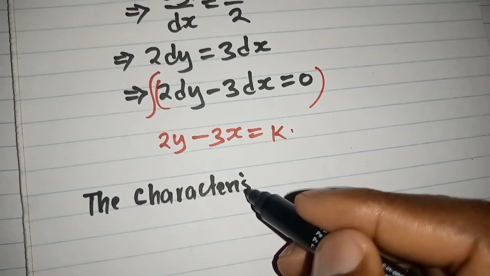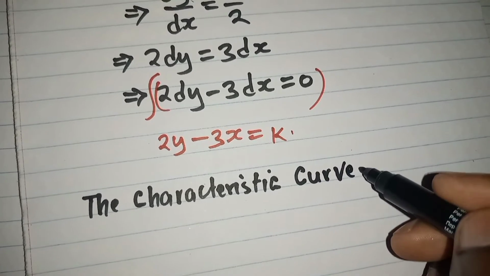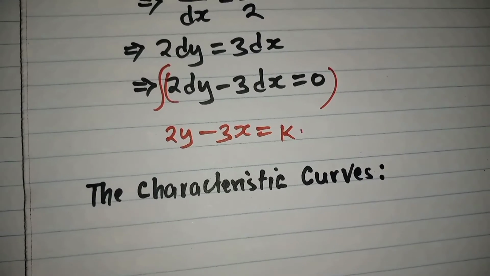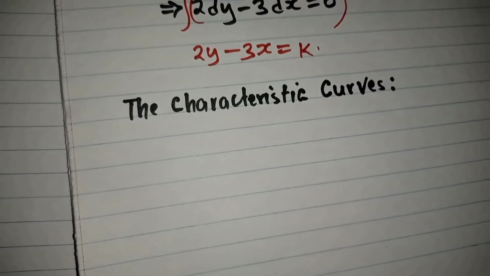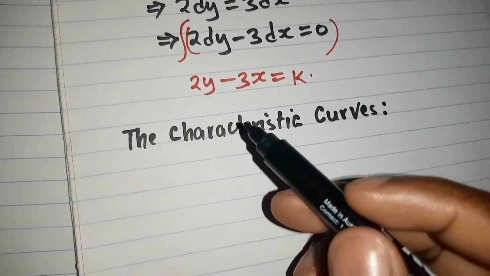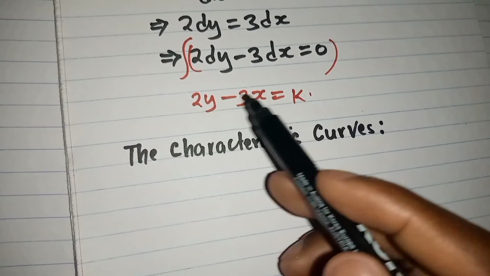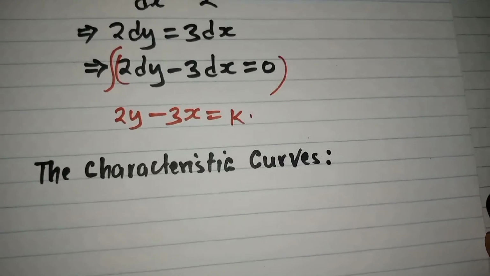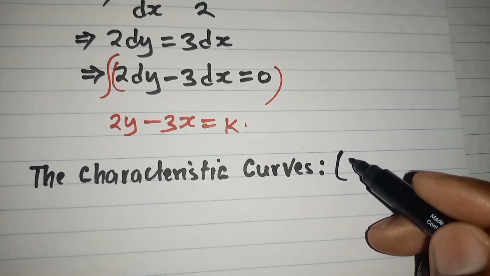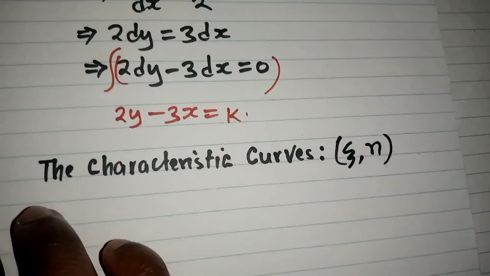We said that we obtain characteristic curves from the characteristic constant that we have obtained from here. And as we said in our previous lesson, in characteristic curves, we introduce new variables, that is xi, and another variable that we call nu.